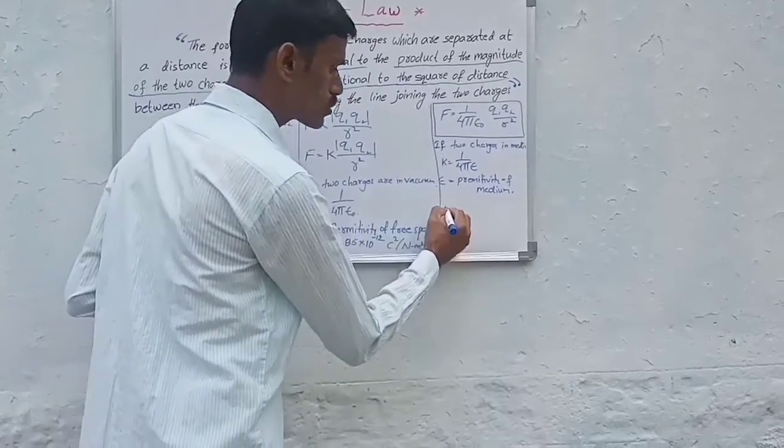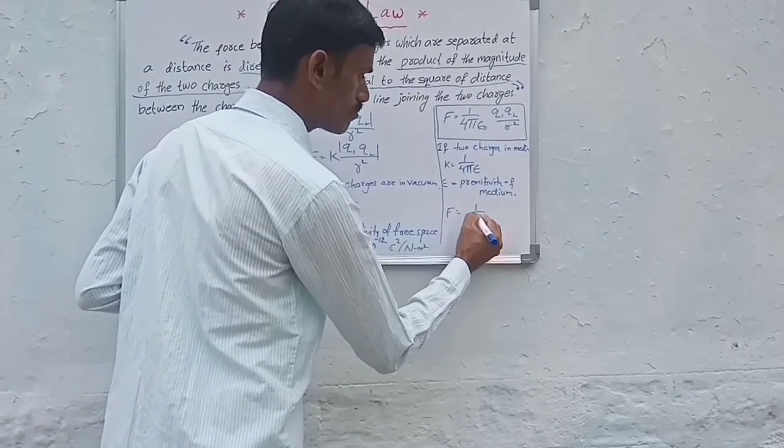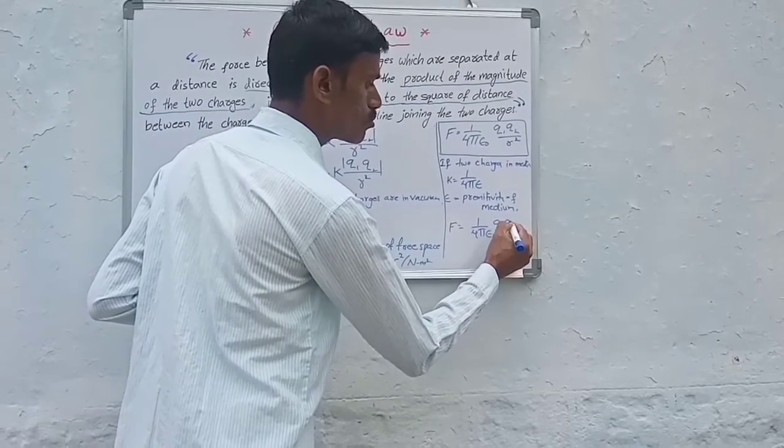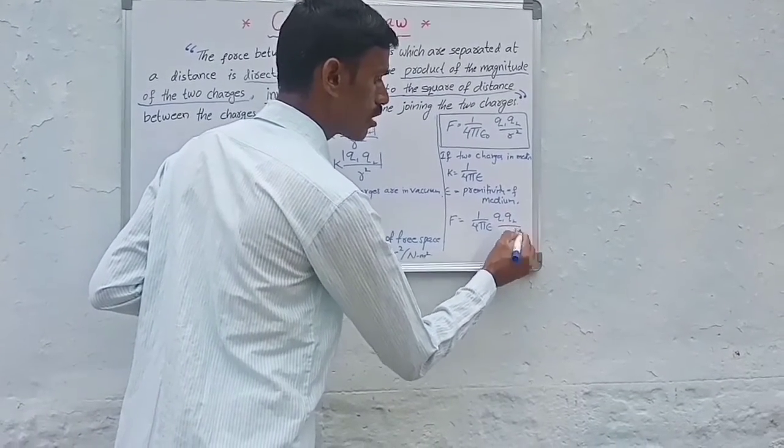Now what is Coulomb's equation? F is equal to 1 by 4 pi epsilon q1 q2 by r square.